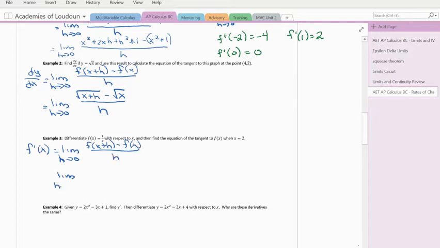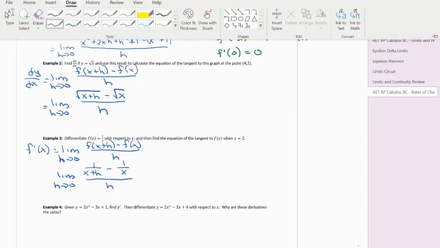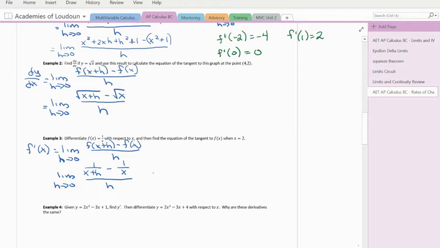It's the limit as h approaches 0 of 1 over x plus h minus 1 over x, all over h. And this becomes a complex fraction that you need to simplify. So you should get for this one, and I'm going to go ahead and solve that out, but I do want you to keep going. This should be negative 1 over x squared.